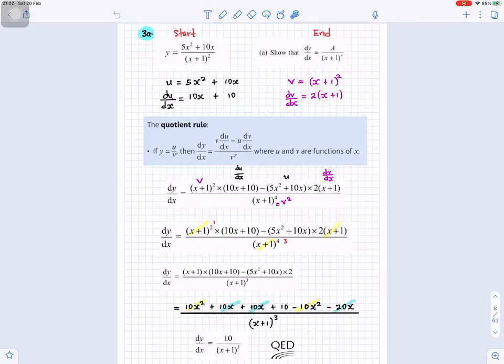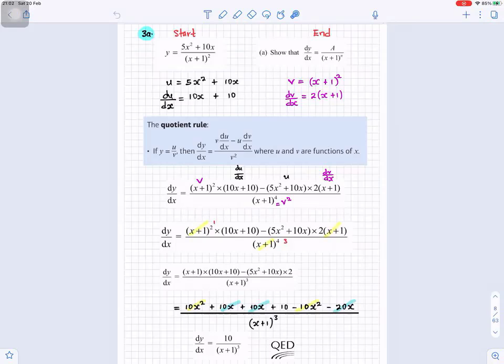Now, when you remove the bracket, you get 10x squared plus 10x plus 10 plus 10 minus 10x squared minus 20x. So you expand the bracket at the top. Now, 10x squared will cancel with 10x squared. 10x plus 10x will be 20x, minus 20x will be 0.